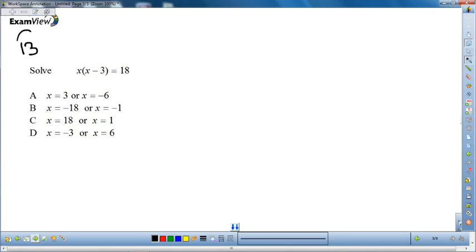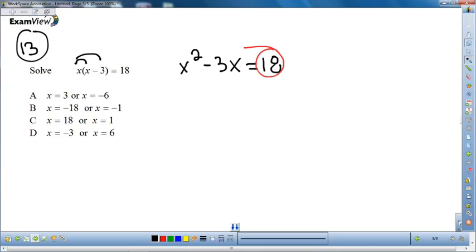For number 13, we're going to solve. Notice that it's not equal to 0. So the first thing I'm going to do is distribute. And then I'm going to move the 18 to the other side, so it becomes a negative 18. Then we're going to factor. Two numbers multiplied together give you x squared. Two numbers multiplied together give you negative 18.